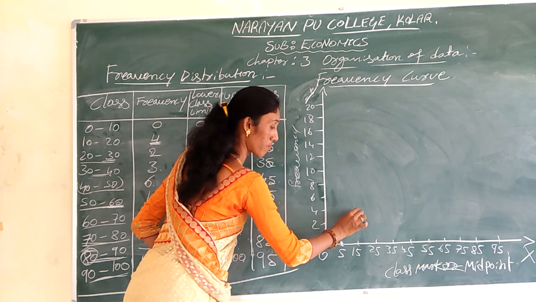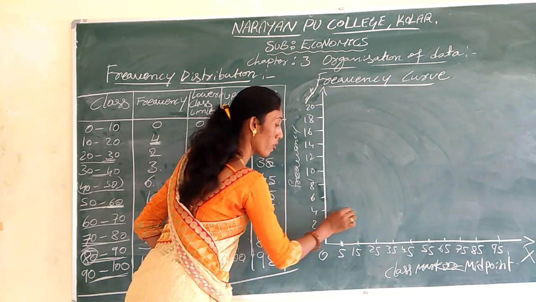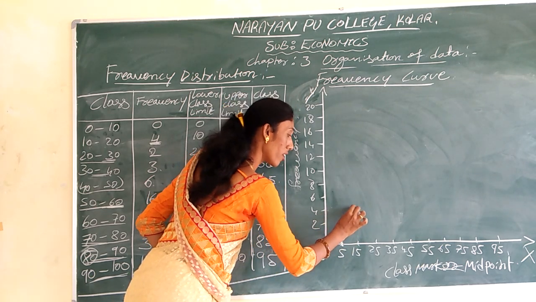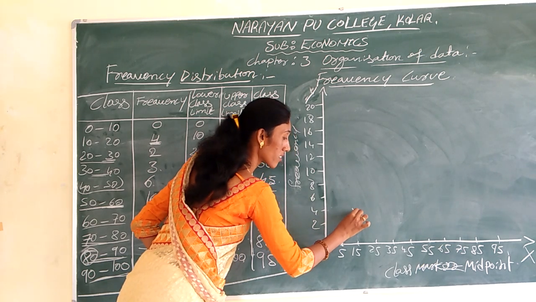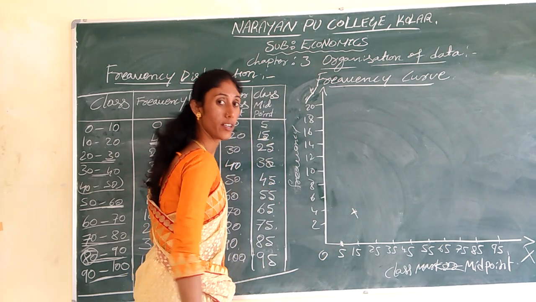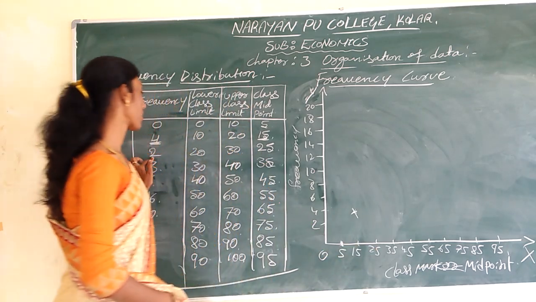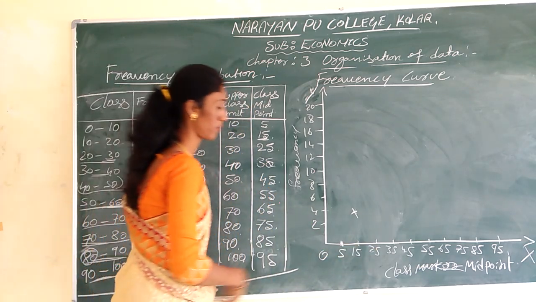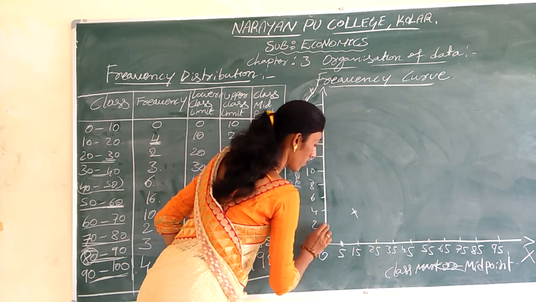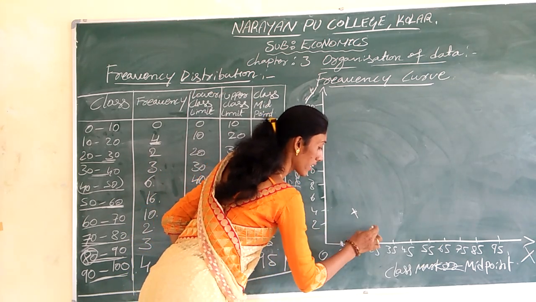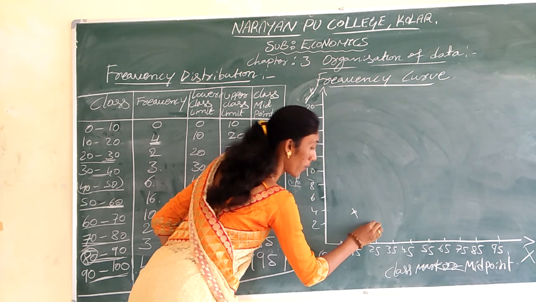We move upward to 4 and rightward from the class mark, and where they intersect, we get the point. At the mark 25, the class frequency is 2, and this 2 intersects at this particular point.